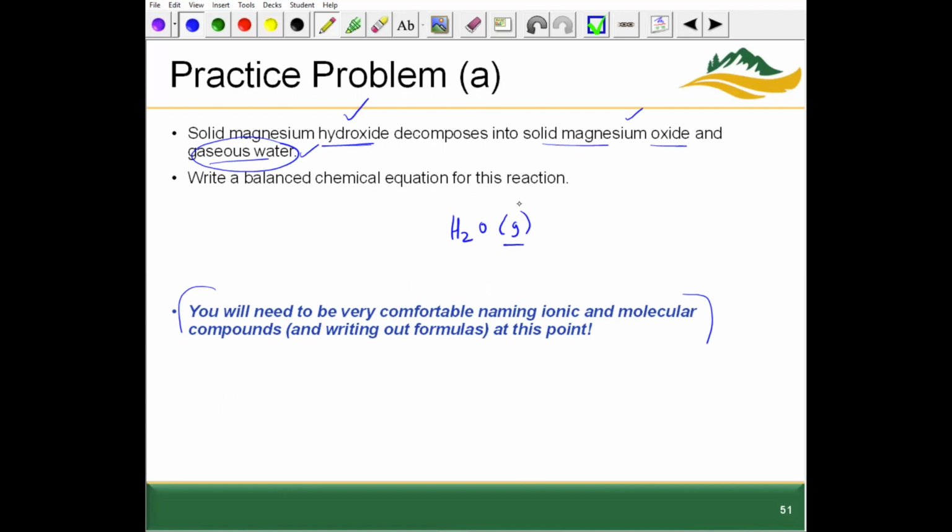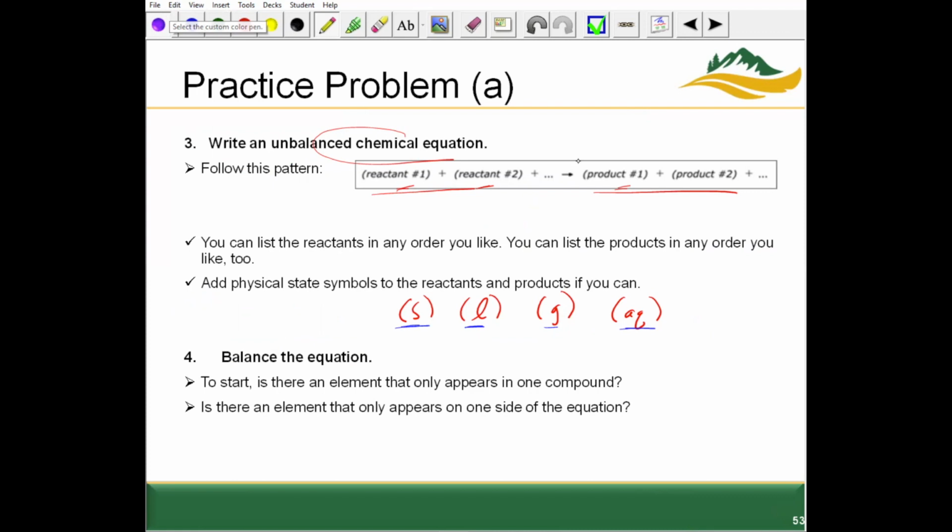So we can write the state of matter if we know the states of matter. Sometimes we won't know, but sometimes we will be told, for example, like gaseous water. Then after we have this written out, we will balance the equation, following those steps from what we've gone through so far for either interfering or non-interfering coefficients.